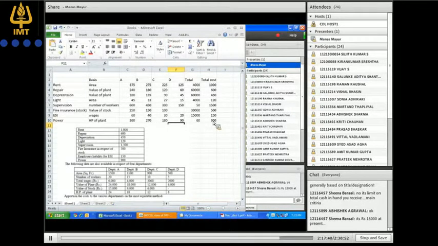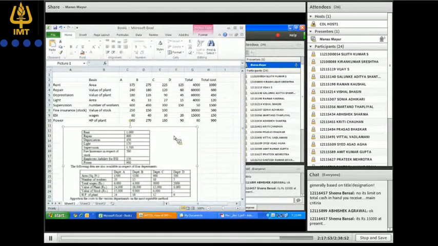Okay. So this question demonstrates how common expenses can be distributed to various departments.